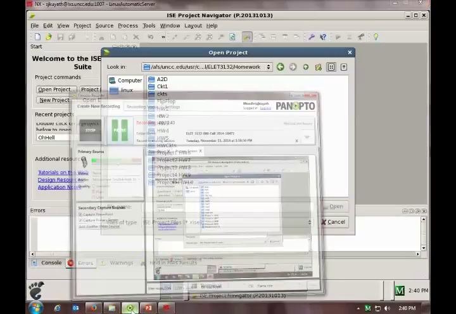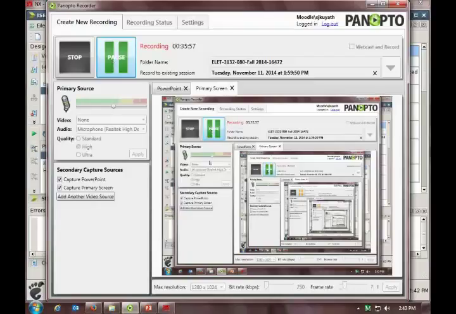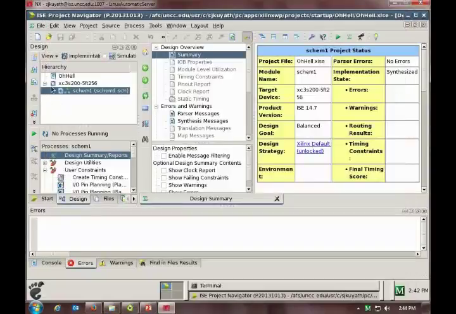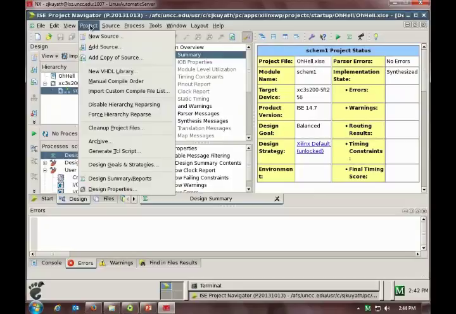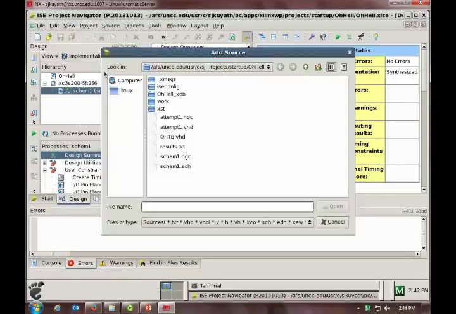Let me pause this again. Okay, for some reason it thinks it's already in the project, but it's not letting me see it. The name of that project was Attempt 1.